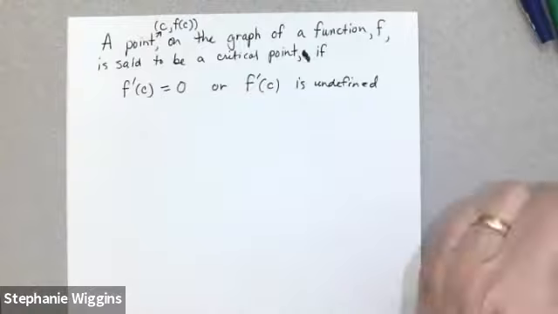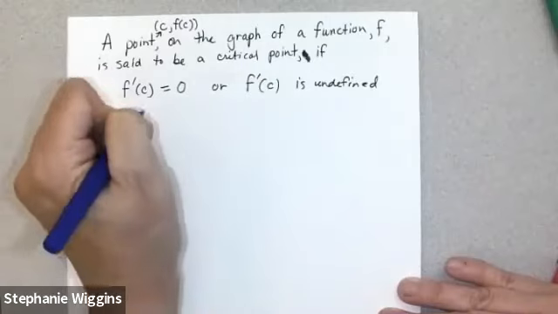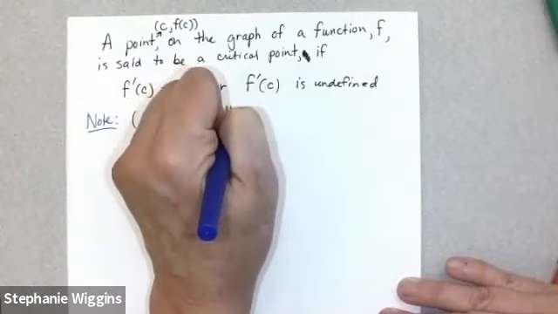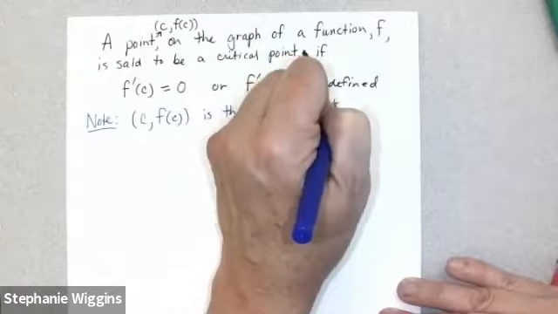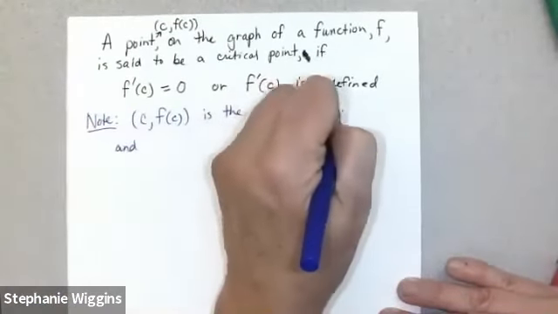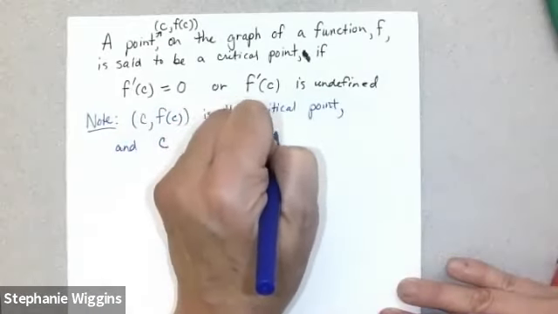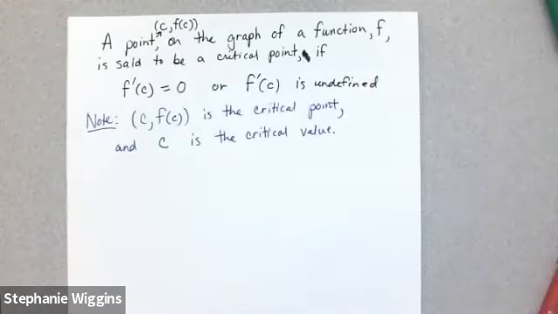So note, c, f of c is the critical point and plain old c is the critical value. Honestly, I'll often use these words interchangeably, but you'll know whether I'm talking about a point or the x value of the point, and either way it brings you to the same spot.